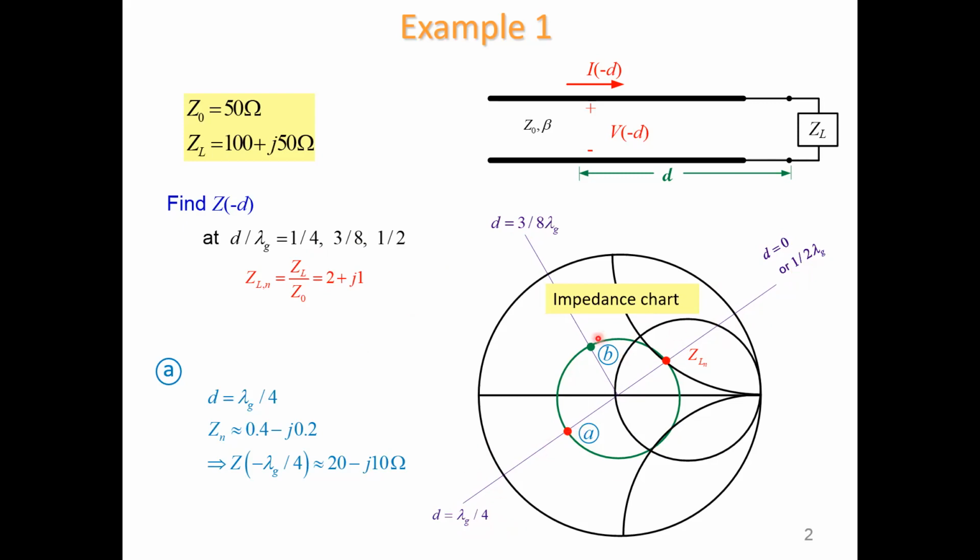If you move 3/8, then you'll get this one, and here you will get the half. So these are the values. The value at lambda g by 4 is 4.4 minus j.2, this point. If you multiply it by 50, then you get the impedance.